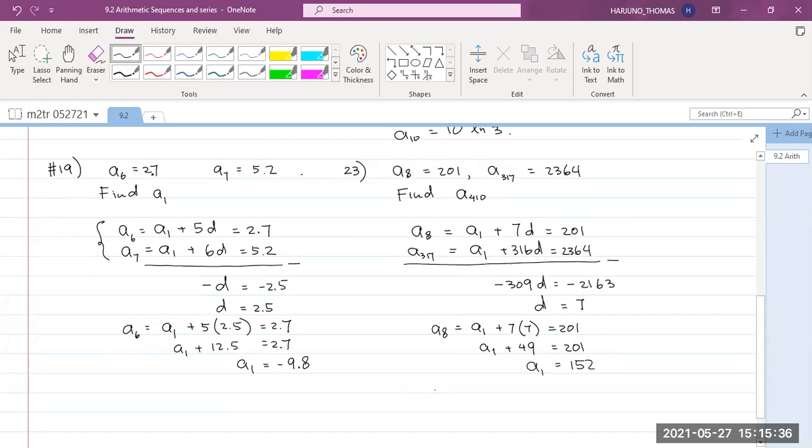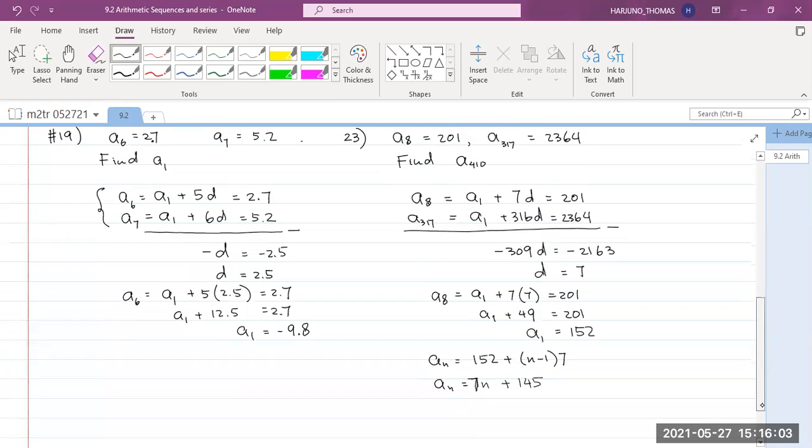So the general term is the first term plus n minus 1 times the common difference 7. Boom. The nth term is 7n plus 145.